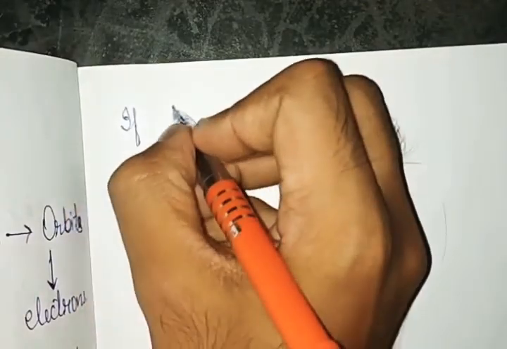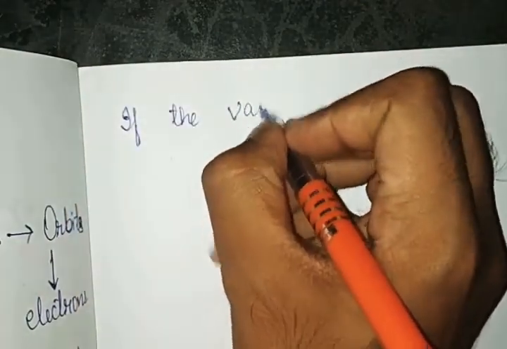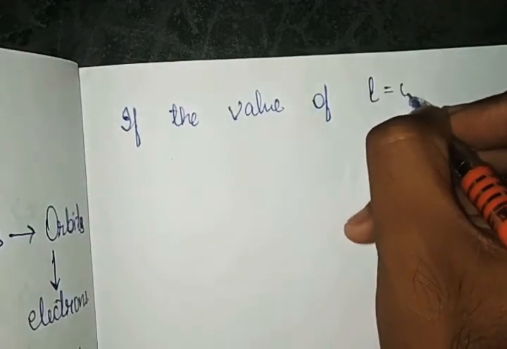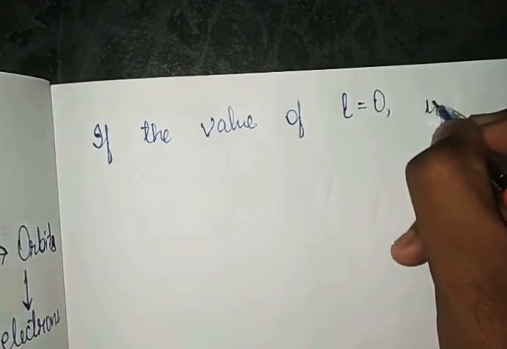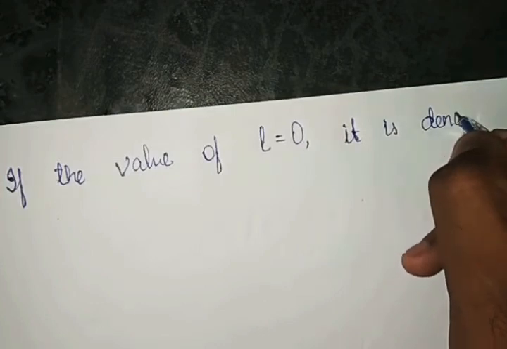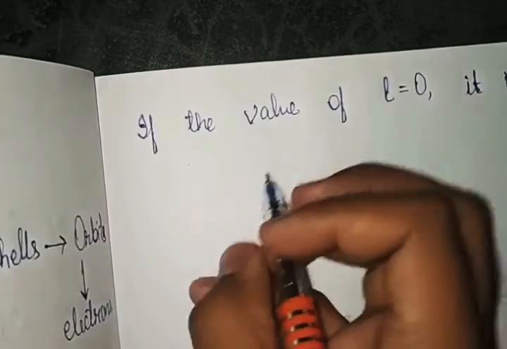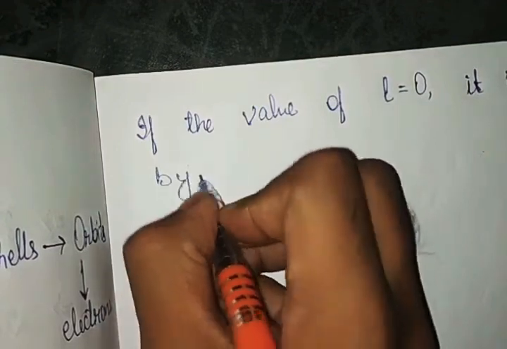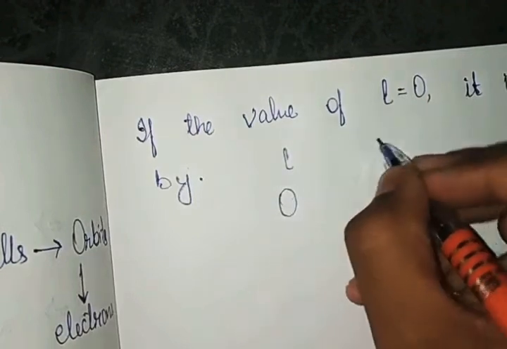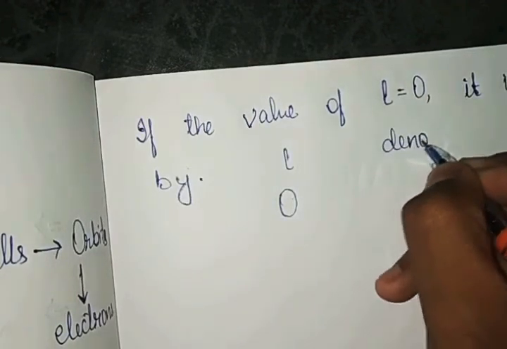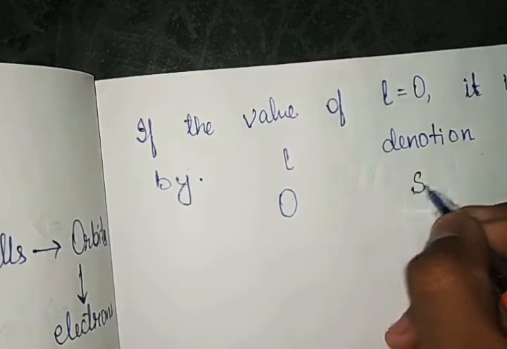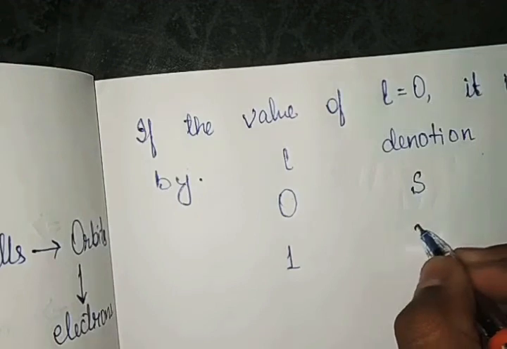If the value of L is 0, it is denoted by S. If the value is 1, it will be P.